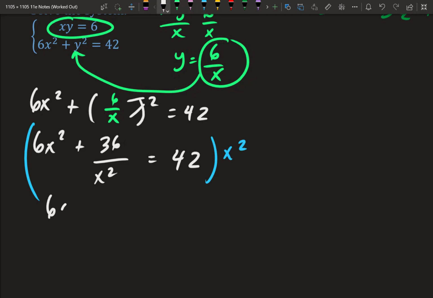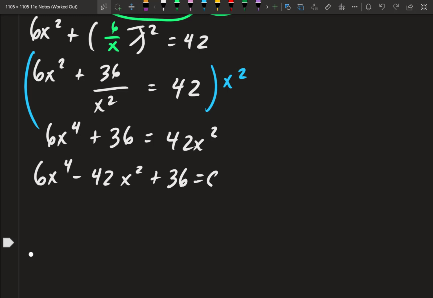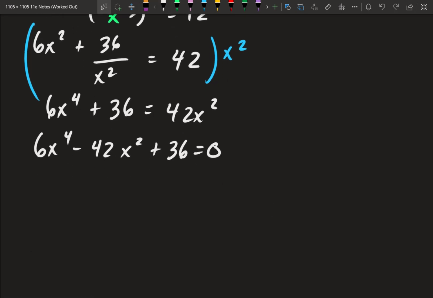So I have 6x to the 4th plus 36 equals 42x squared. I'm going to set this equal to 0. And I'm going to factor. But before we factor, let's see if they have anything in common. They do. 6 in common. I'm going to take it out.